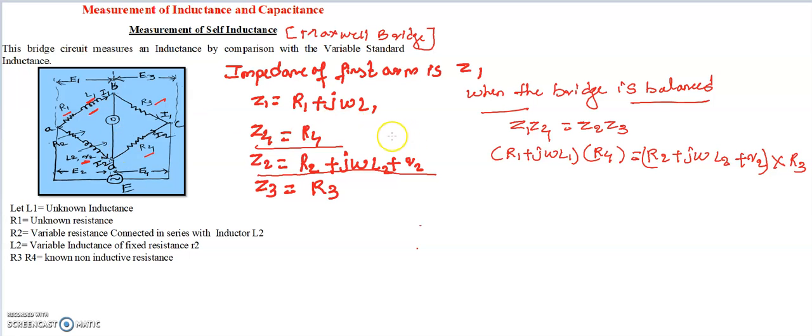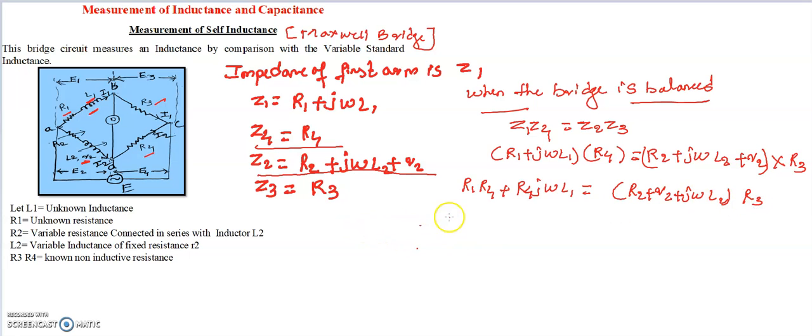Multiplying the terms and solving this equation, the left hand side is R1 R4 plus R4 j omega L1. Next, I will rearrange the right hand side: R2 plus small r2 plus j omega L2, into R3.